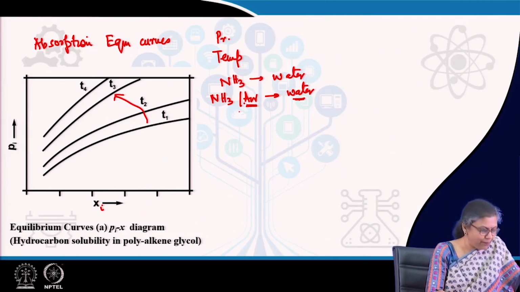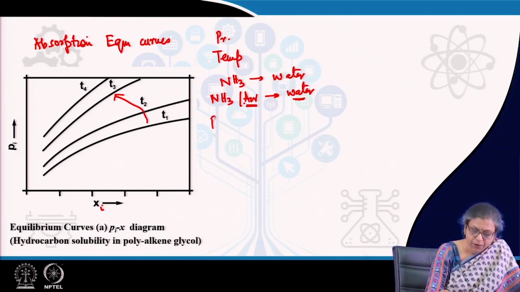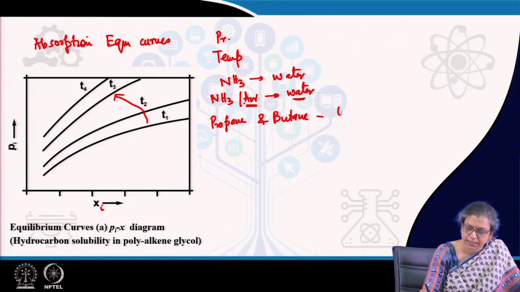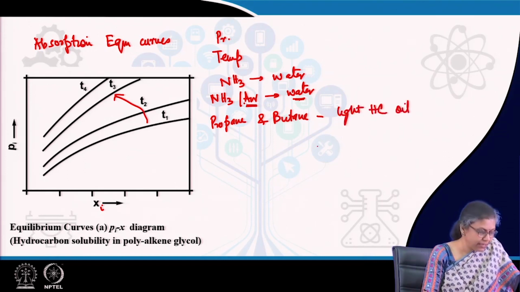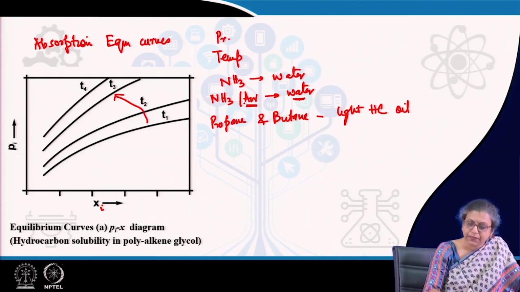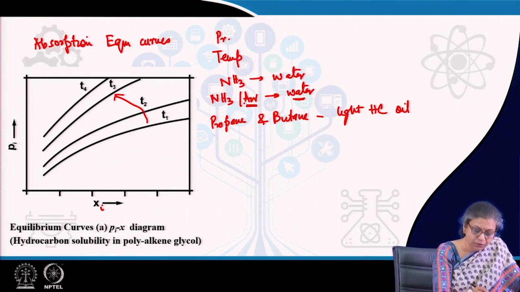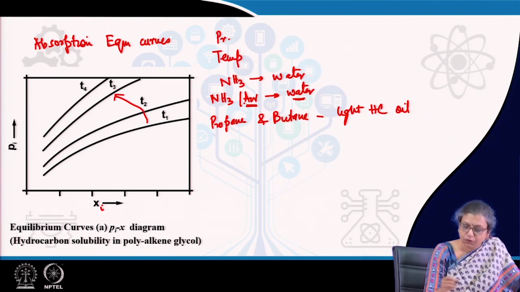And just as an example, suppose we have propane and butane. Both of them can be absorbed by, say, light hydrocarbon oil. For this particular case, since each of the components forms an ideal solution, for propane also if we have this Pi versus Xi curve, that is going to be applicable for pure propane as well as in this particular mixture.